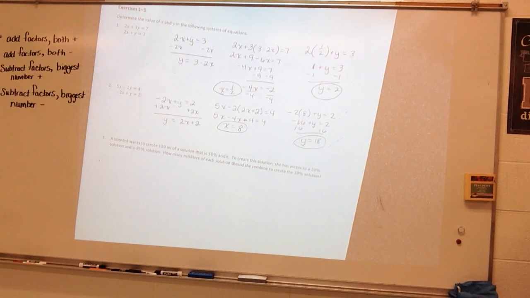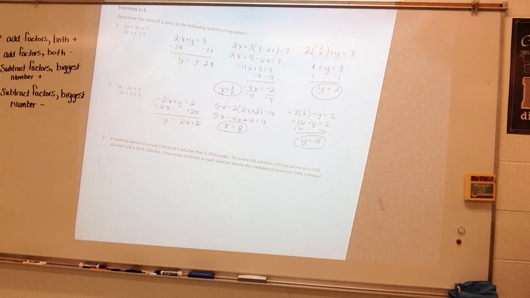A scientist wants to create 120 milliliters of a solution that is 30% acidic. To create this solution, she has access to a 20% solution and a 45% solution. How many milliliters of each solution should she combine to create the 30% solution?